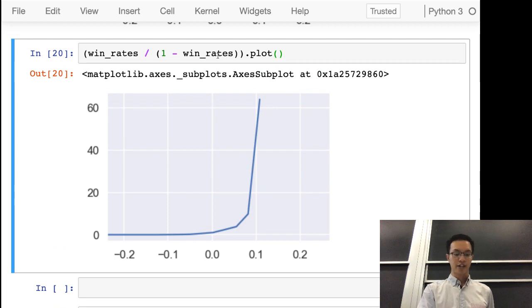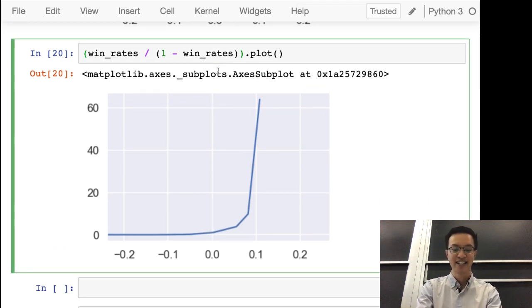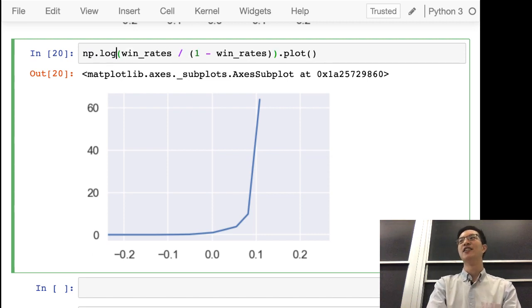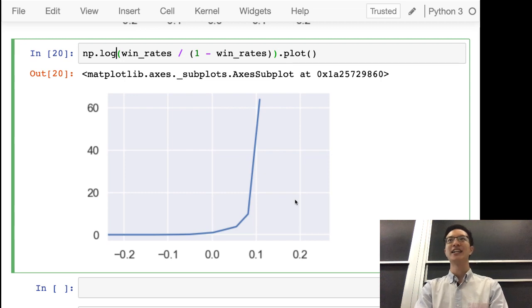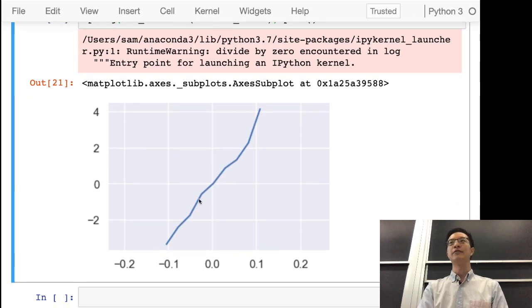This is the odds ratio, but it turns out that if I take the log of this, so if you remember way back from when we did transformations, we can take the log of a plot to try to get a linear relationship. And it turns out that we get a linear relationship in the odds ratio. Okay, so this is a curious phenomenon.